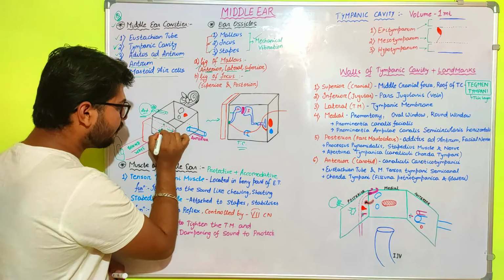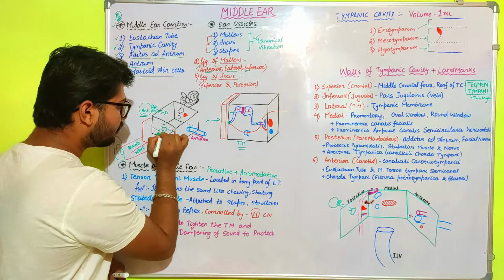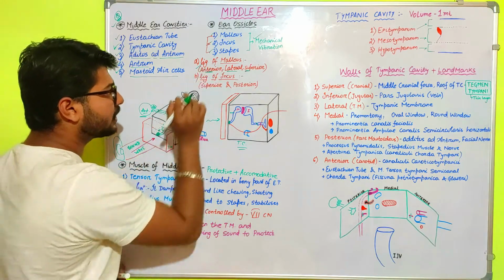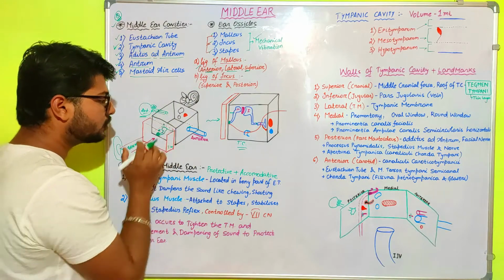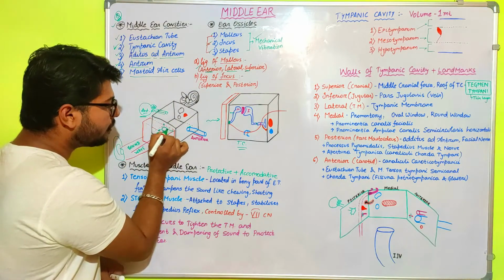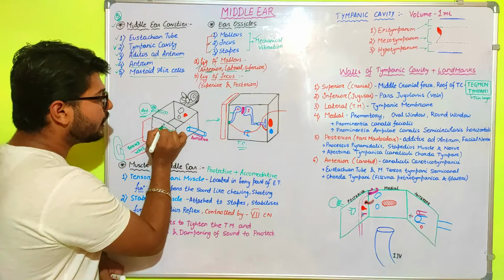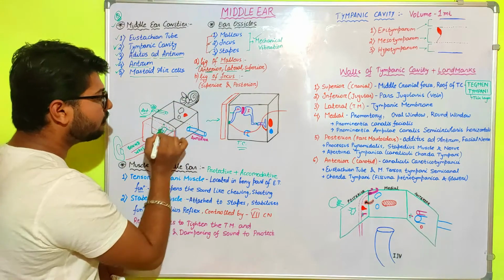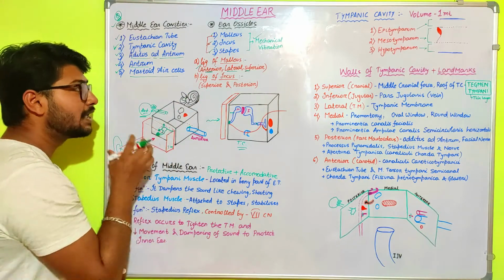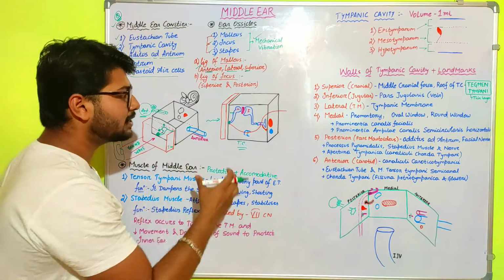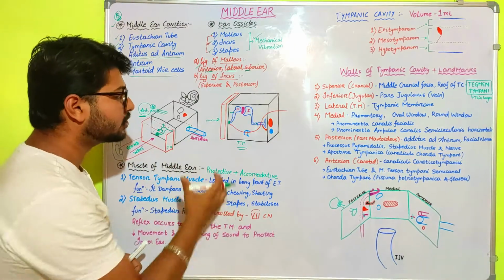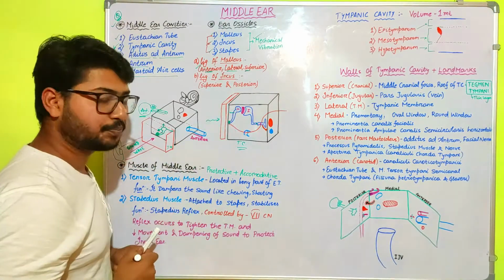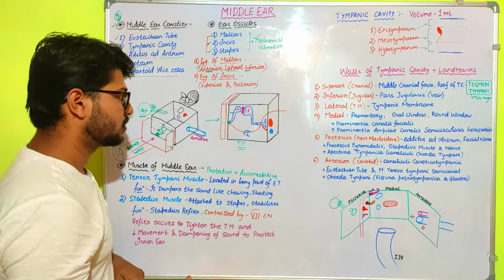Okay, so if here we have the malleus, we have three ligaments attaching to the malleus. What are they? One will be anterior, second one will be lateral, and third one will be superior. So these ligaments help the process of vibration inside the malleus ear ossicle.